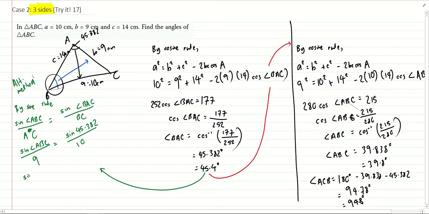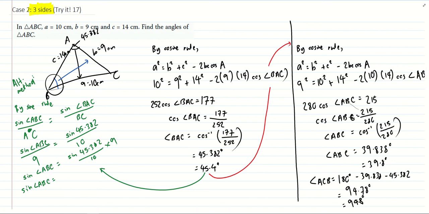Multiply by 9 throughout, I have sine angle ABC equals sine 45.382 divided by 10 multiplied by 9. So sine angle ABC is equal to 0.64062.